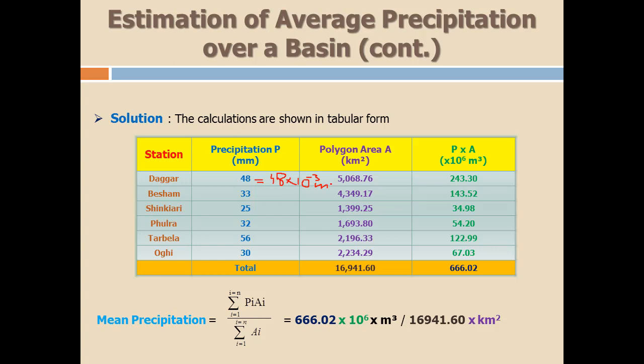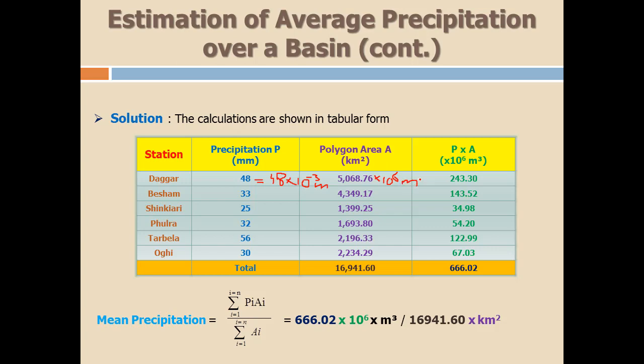Now multiply this with the area, but in square meter. For converting square kilometer into square meter, we multiply this value by 10 raised to the power 6. As you know, the value of kilo is 10 raised to the power 3, but there is a square, so it becomes 10 raised to the power 6.